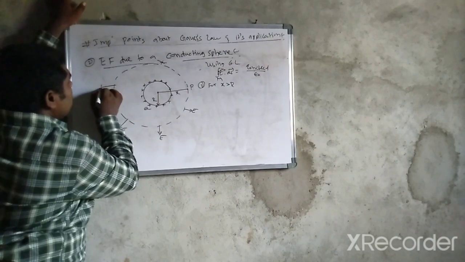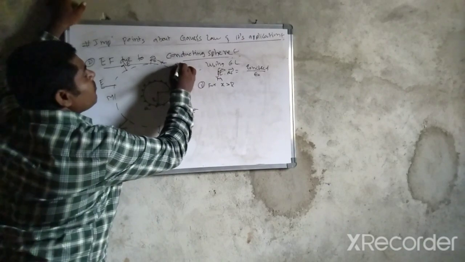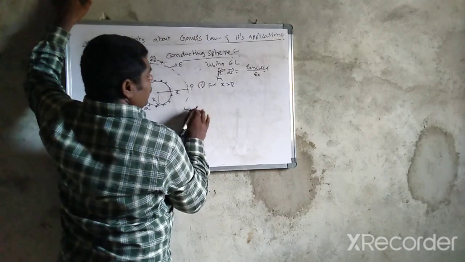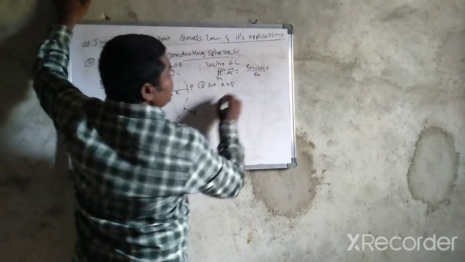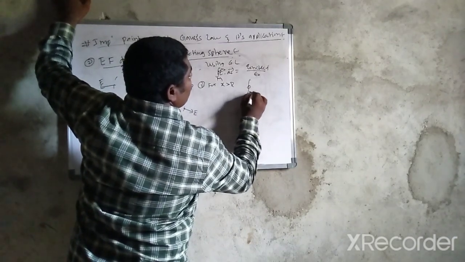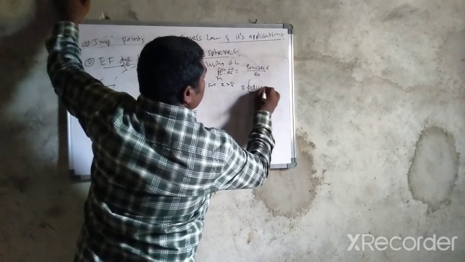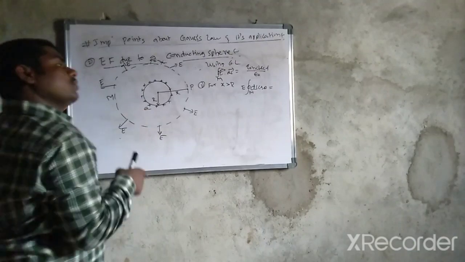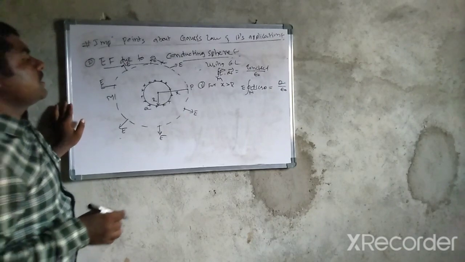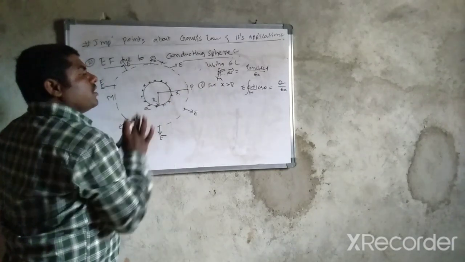The electric field lines are at this point, and this point, and this point also, all radial. So the uniform electric field can be taken out: the closed integral of E ds cos theta is equal to the total enclosed charge, capital Q, divided by epsilon naught.